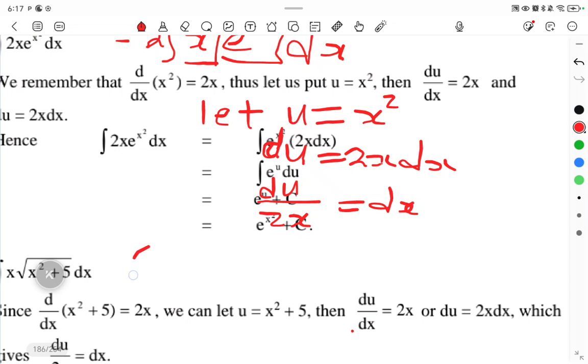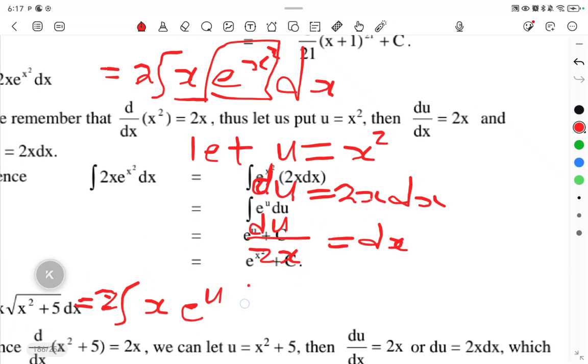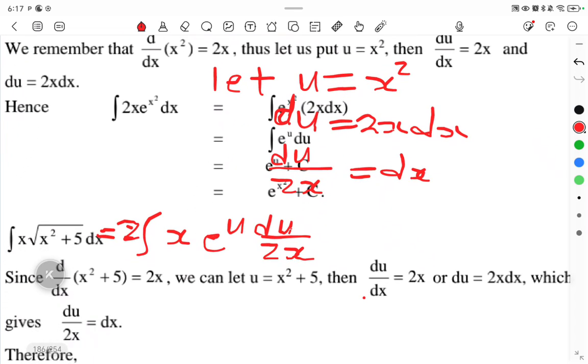This will be the integral of x e to the u, because we know that x squared is equal to u, du over 2x. Now we know that x will cancel x, 2 will cancel 2. And then this will be the integral of e to the u du.